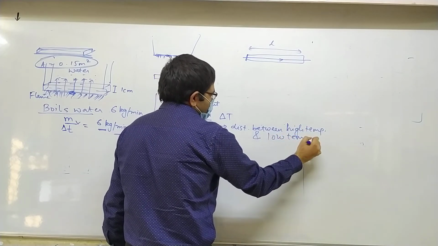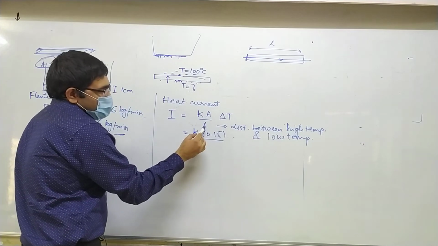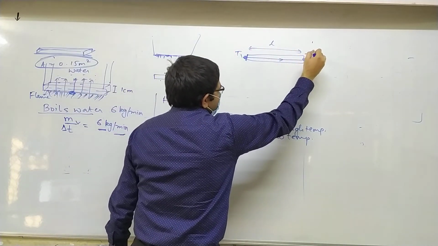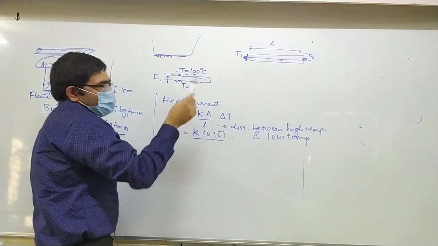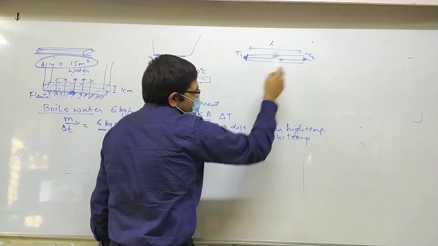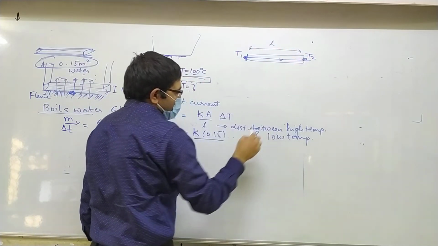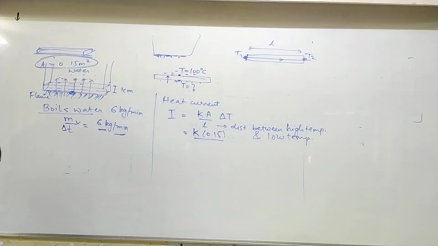Say yes or no in the chat box, I am waiting for you. Again, this L should stand for the distance between the 2 points where the temperature is higher and where the temperature is lower. Say yes or no please.